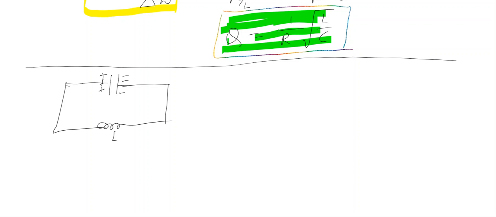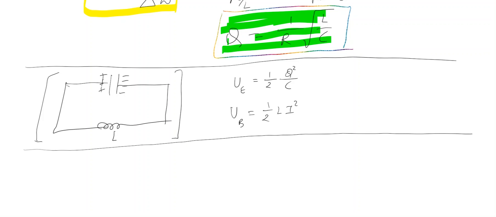Because we know that for a capacitor the energy can be given as half Q square by C. Now in this circuit there is no way this energy can escape. For an inductor the energy is stored in the form of magnetic field. So when you connect inductor and capacitor in this fashion parallel to each other, they keep on exchanging charge and energy, and hence the total energy of the circuit remains constant. So you can say that this circuit stores energy, and that is why this circuit is called a tank circuit.